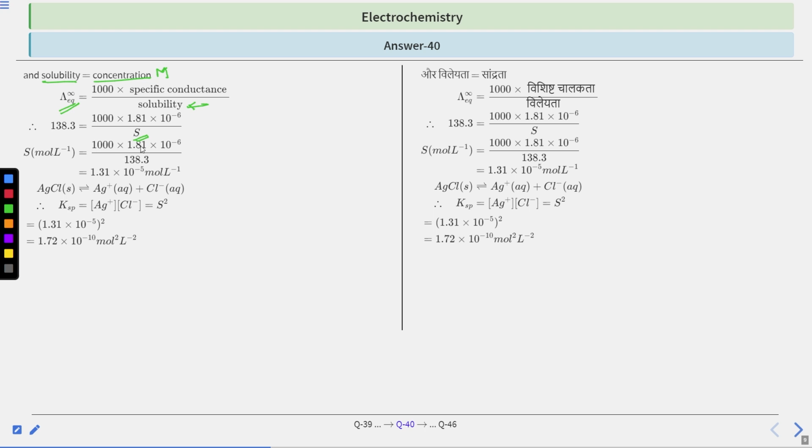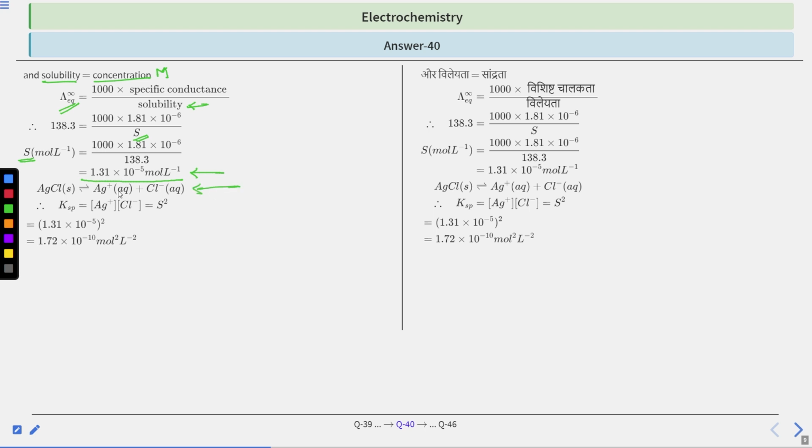It will be 1000 times 1.81 times 10 to the power minus 6 divided by the lambda infinity equivalent, that is 138.3, and it will be equal to 1.31 times 10 to the power minus 5 mole per liter. Okay, so solubility will be equal to this.